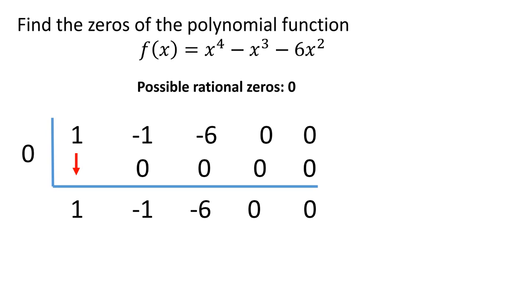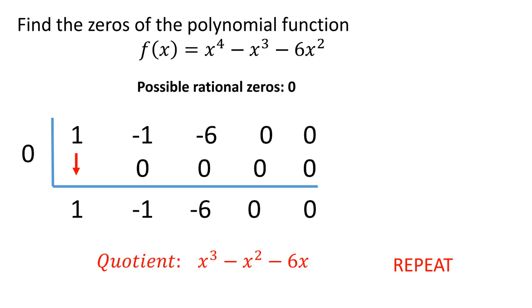Again, if you see here, my zeros here, I'm replacing them because I don't have an x value and I don't have a constant. So I have the 1 for the x to the fourth, the -1 for the x cubed, and the -6 for the x squared. So when I solve for this, I see that my quotient here is x cubed minus x squared minus 6x.